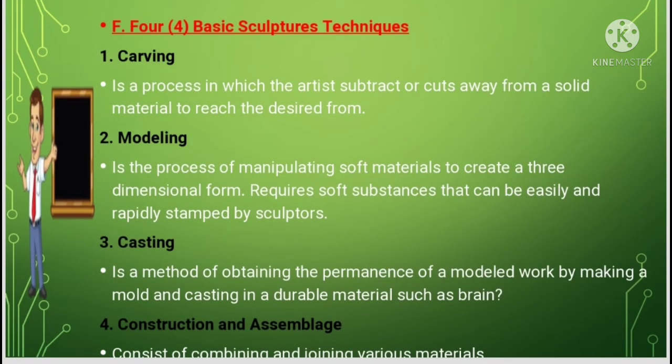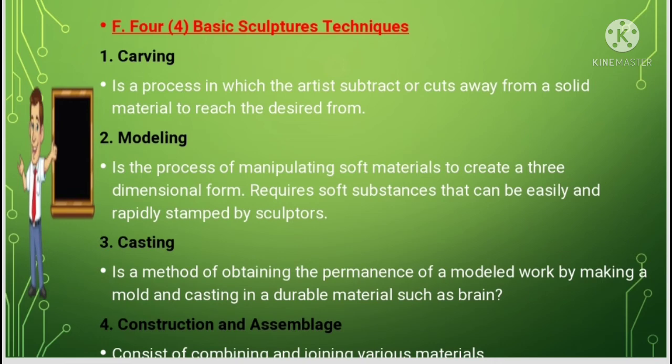We have also 4 basic sculpture techniques. Number 1, carving is a process in which the artist subtracts or cuts away from a solid material to reach the desired form. Sa Ifugao, ito yung carving yung product nila. Pag during Kalinga Day, nagtitinda sila ng mga carving. Meron din sa Kalinga, pero ilan lang. Modeling is the process of manipulating soft materials to create a three-dimensional form.